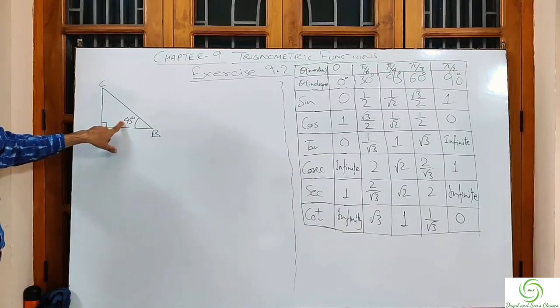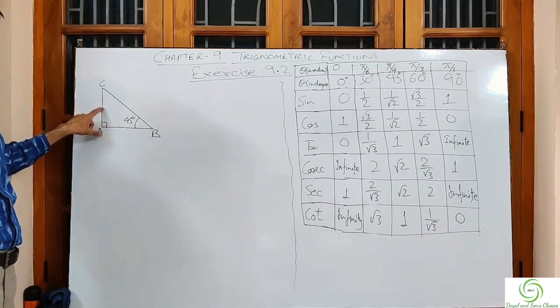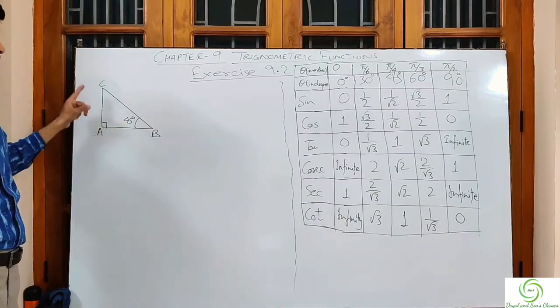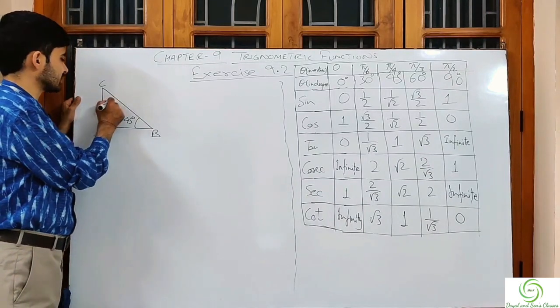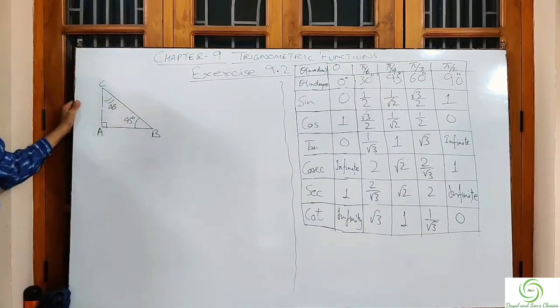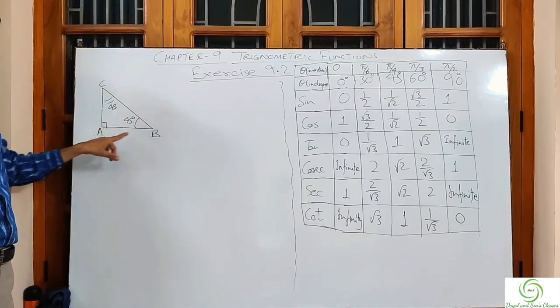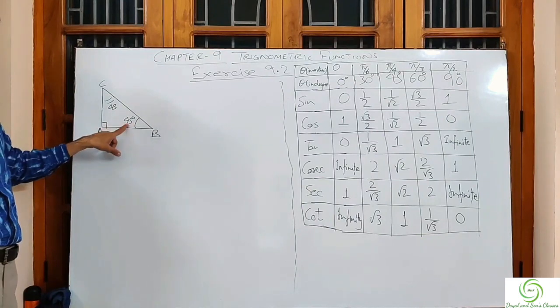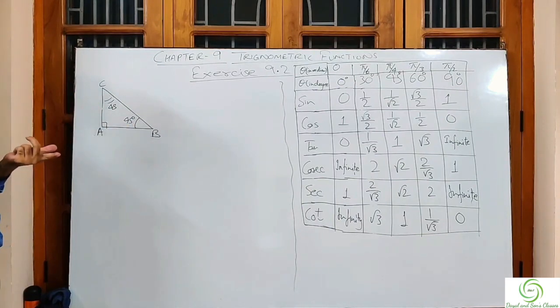So what will be the value for this angle? This angle will also be equal to 45 degree, right? We have considered a right angle triangle with one angle 45 degree. This means the other angle will also be 45 degree.